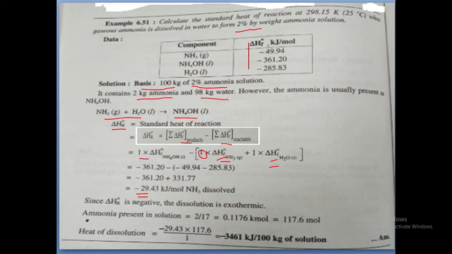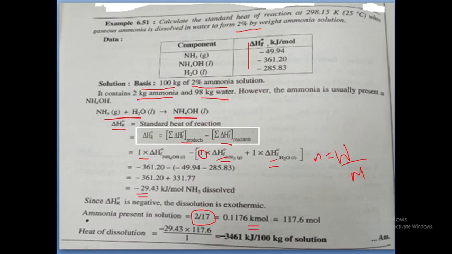Number of moles is equal to weight divided by molecular weight, W by M, the molecular weight of ammonia. So here weight is 2, molecular weight of ammonia is 17. Finally we get 0.1176 kilomole.